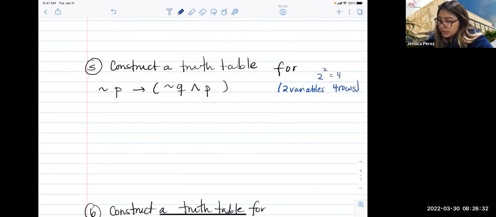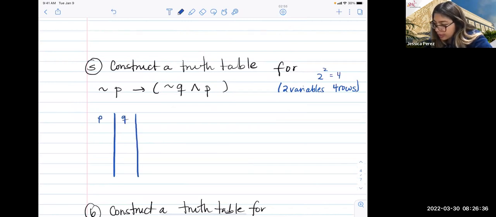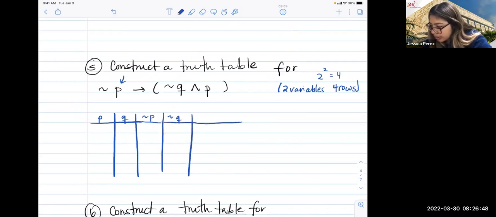So you start with your P, you start with your Q, and then you have negating P, right? You have the negation of P, and you have the negation of Q, and then you have negating Q and P. And then the last part is the implication, not P implies not Q and P.